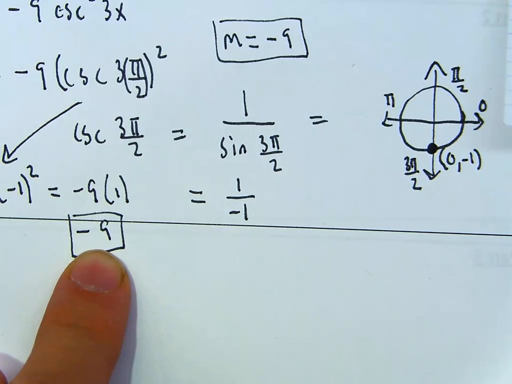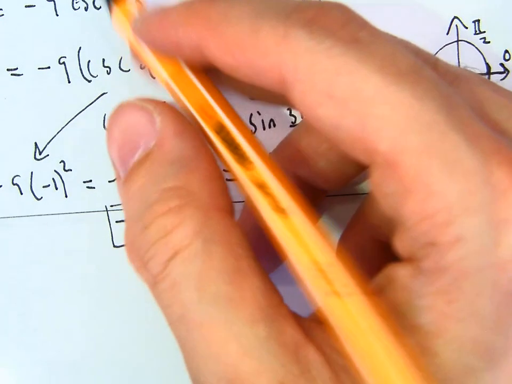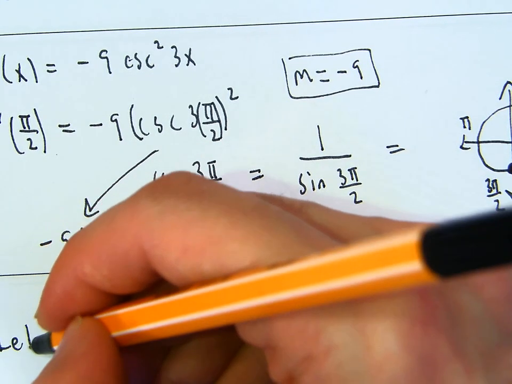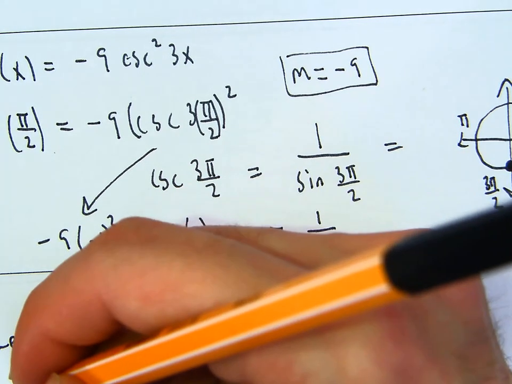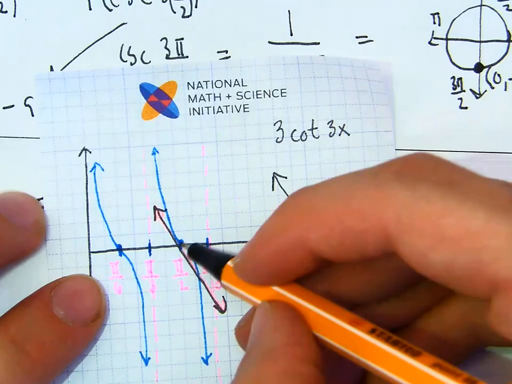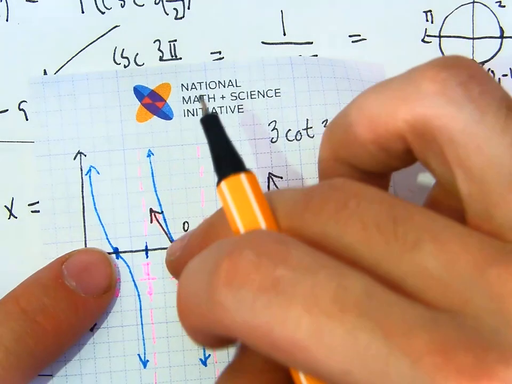Now, what do we need to do? We need to plug in pi over 2 into the original. So here, let x equal pi over 2, now we need to find the y value. What is the y value right here? It's 0. But let's say you don't know.